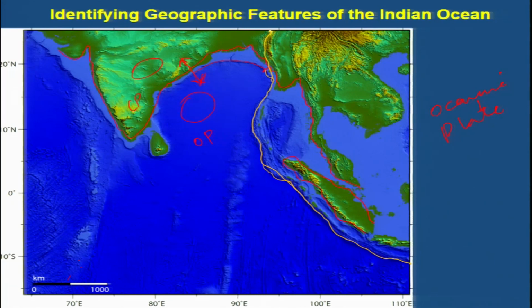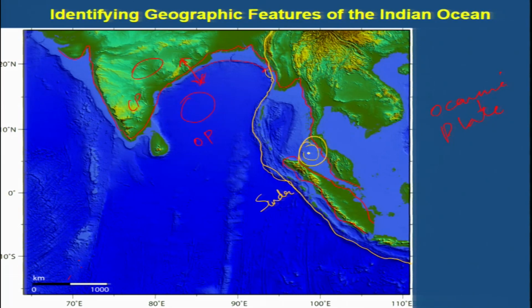If you see the broader view of the world map, then you will be able to sort out this plate boundary. Okay. So this plate boundary is called the subduction zone. Which subduction zone? It is termed as the Sumatra Andaman subduction zone, or Sunda subduction zone, because the name of this plate is Sunda.